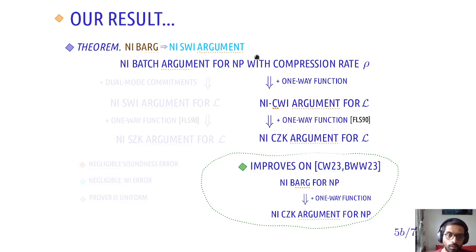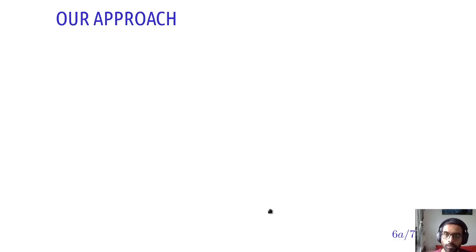This result improves on a recent line of work by Champion, Wu, Bradley, and Waters, who showed in the end that non-interactive BARG for NP and one-way functions give a non-interactive computational zero knowledge argument for NP, just like our statement. However, they rely on stronger notions of soundness than we do. They require either adaptive soundness or sub-exponential soundness. Okay, so that was our result.